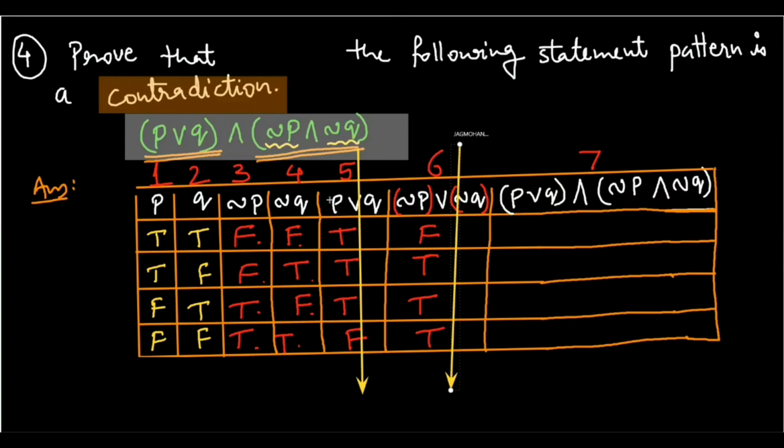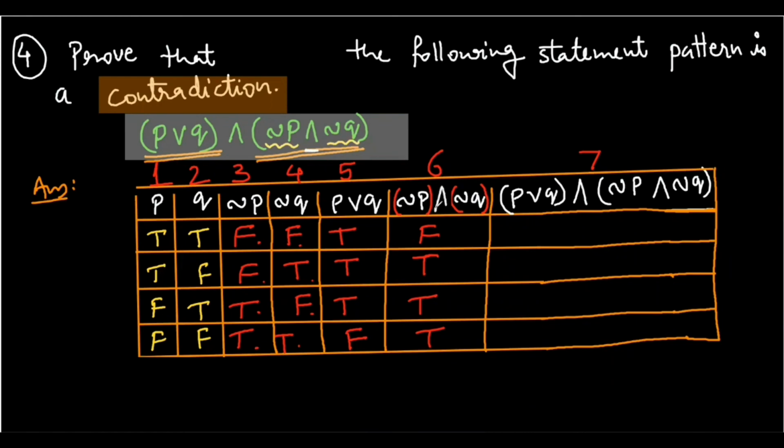Let me check, students. P or Q, oh, here I made a mistake. So let me first correct this. Okay, it is not disjunction. It is actually a conjunction here. See, you can check, it's a conjunction here.